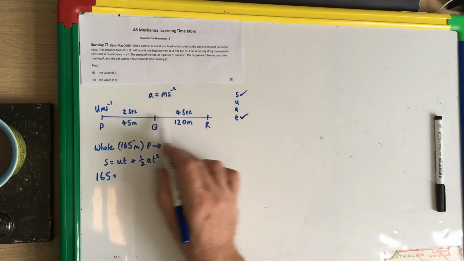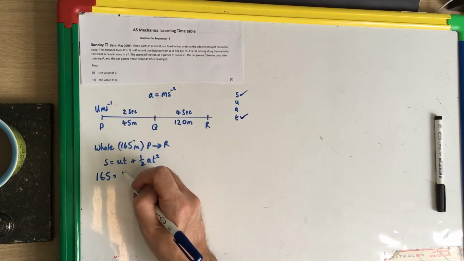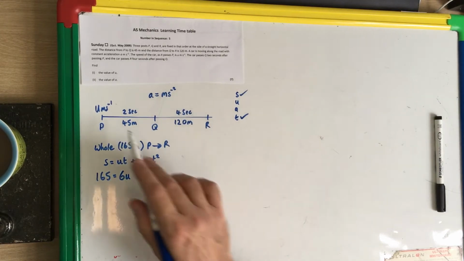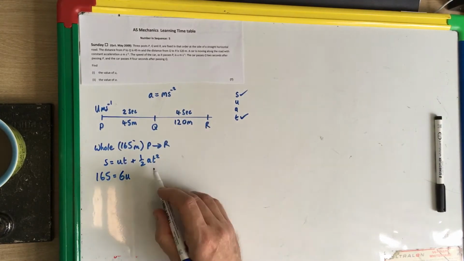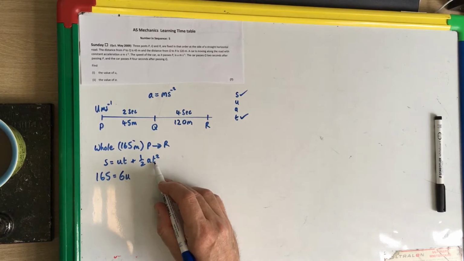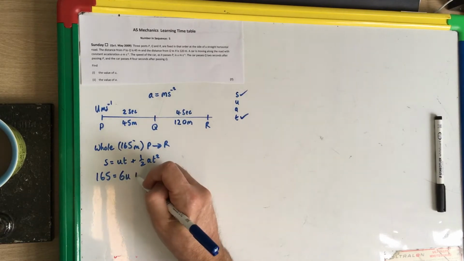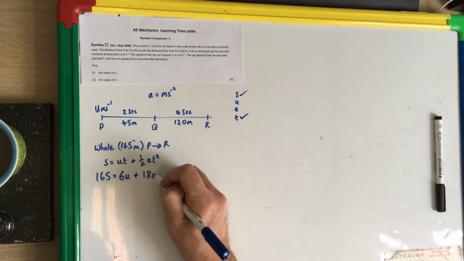Now t is 6 seconds, isn't it? So it's going to be 6u, that's u times t, but written the right way round because it took 6 seconds to do the whole thing. The time is 6 seconds. 6 squared is 36, and a half of that is 18. So I'm going to go plus 18a. We don't know the acceleration.